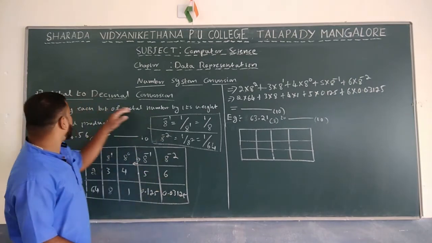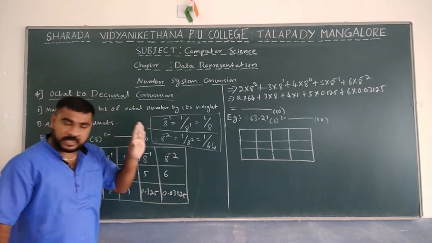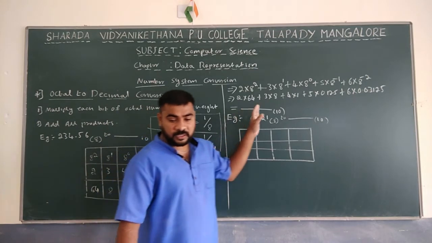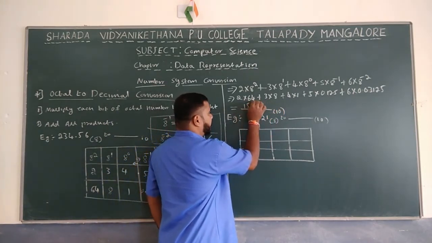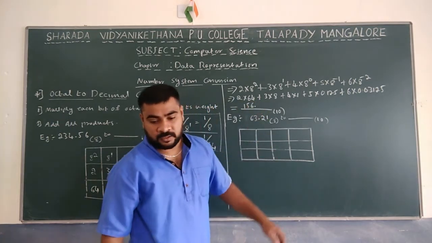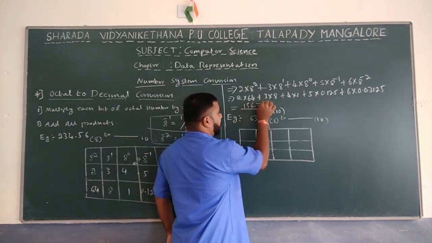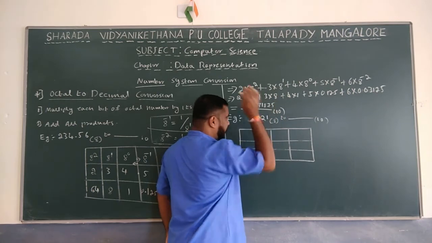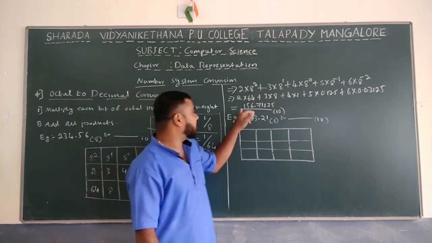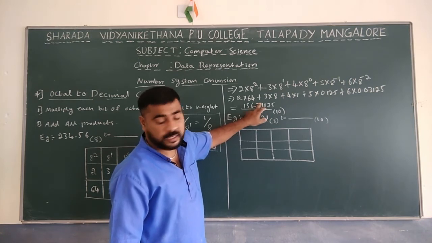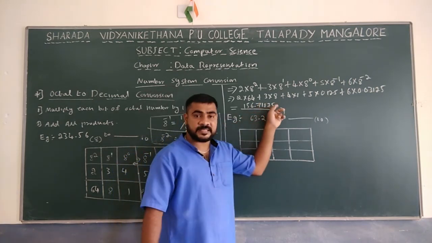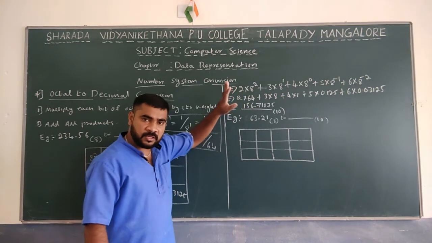That is the equivalent of the octal number. Here it is 156.71875. This is one example.